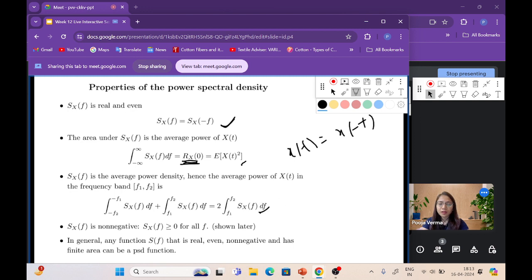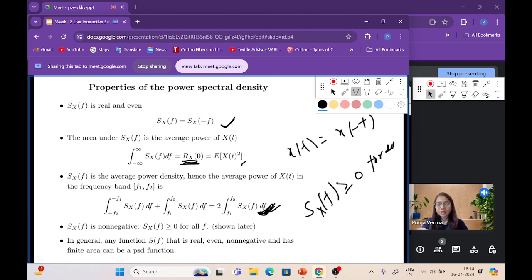As we know, this is one of the properties of integration. So Sx of f is a non-negative function, so it must be greater than or equal to 0 for all f.